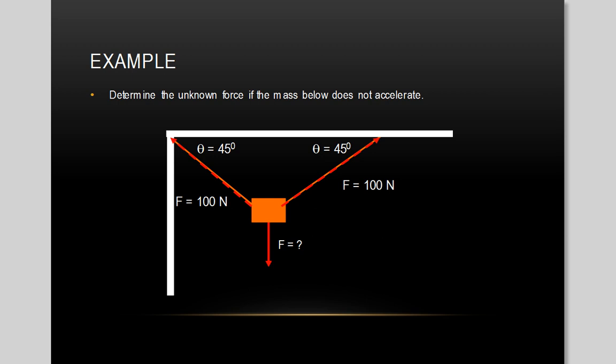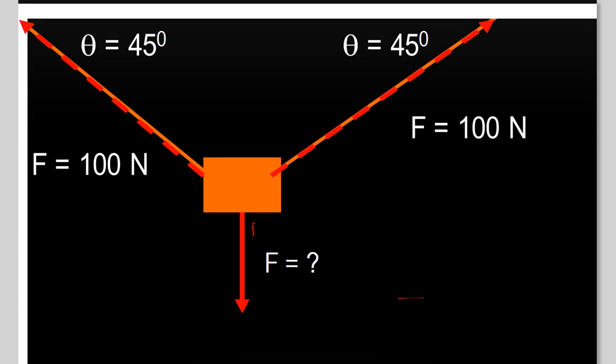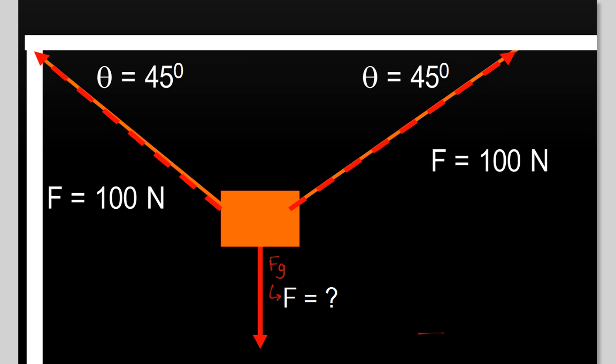Let's identify these forces. Let's focus on the sign. A sign has mass and therefore has weight. What is its weight? It's the down force, right? So this force is Fg, this one right here. What is holding it up? The strings, right?